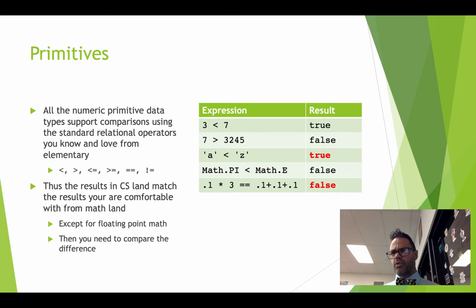However, we get a little bit weird when we're talking about floating point, aka decimal values. 0.1 times 3 equals 0.1 plus 0.1 plus 0.1 is going to return false. That crazy little meme of the person shaking their eyes is exactly what you should be doing with this, because 0.1 times 3 and 0.1 plus 0.1 plus 0.1 work out in the real world just fine. However, in floating point land they don't actually equal the same thing because of the problems of representing values in binary in floating point math.